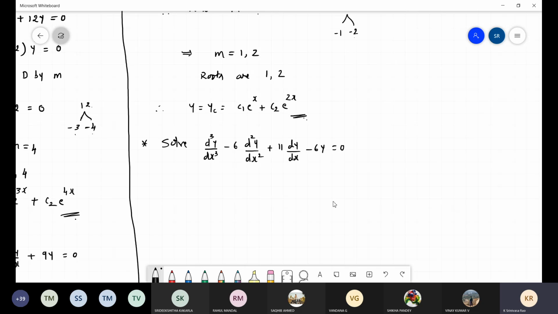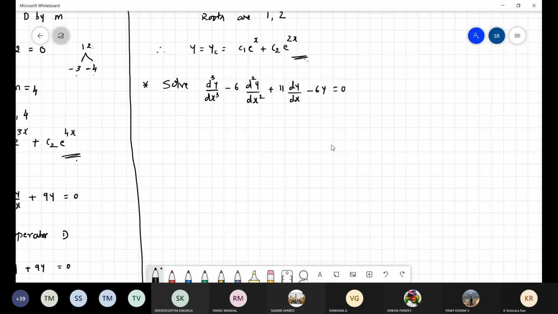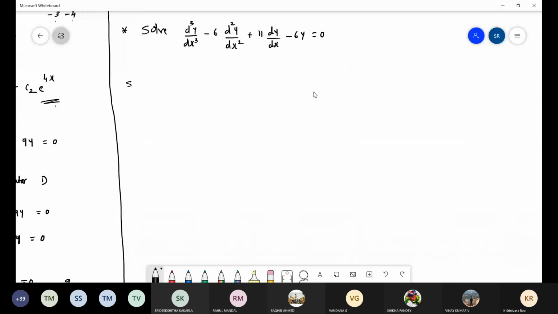Using operator D. In the exam or in the internals, you should write the equation first and consider the problem, because it would be in the question paper. Since it is in the notes here, I am not writing it.